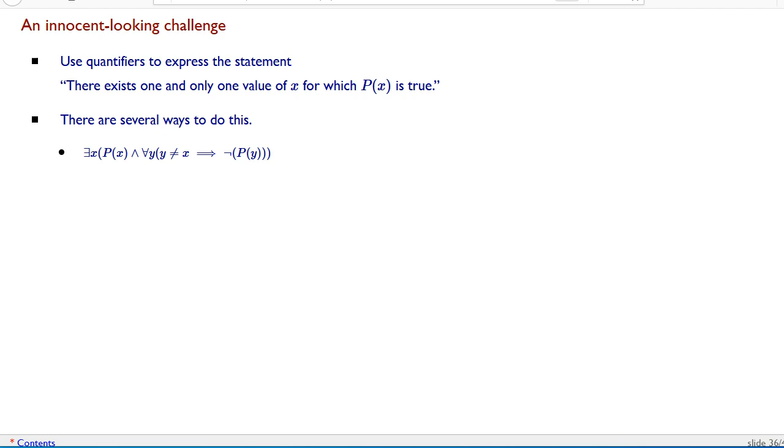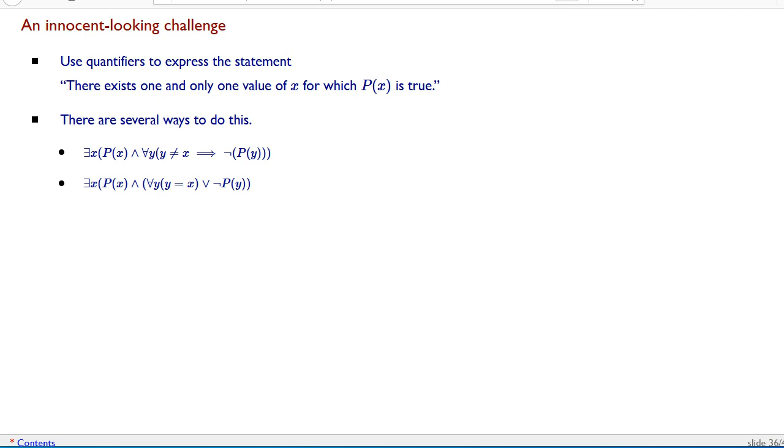So what I have to say instead, there exists an x such that for every y, if y is different from x, then p of y is false. That's okay, but it's extremely clumsy. Let's simplify this by using our knowledge of the fact that p implies q is the same thing as not p or q.